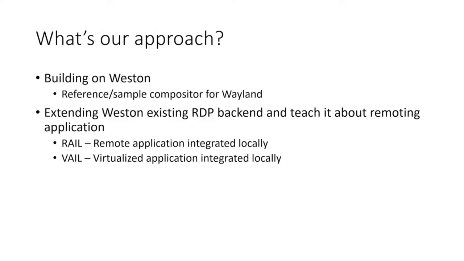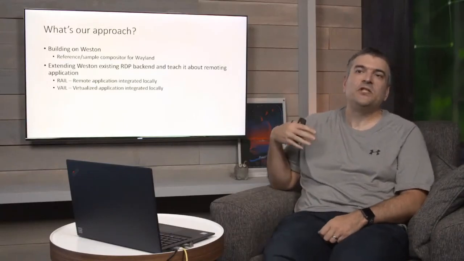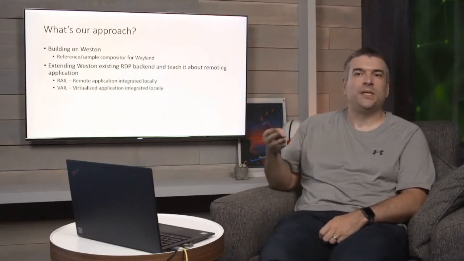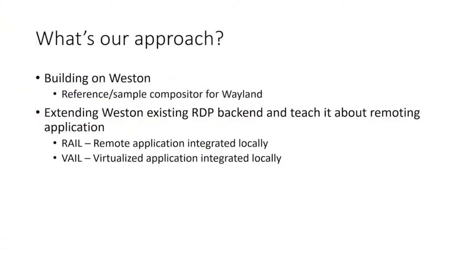The way to think about VAIL is that it's RAIL, but because we're inside of a virtual machine, we can play other tricks. We don't have to go over the network. We can share memory between the guest and the host. We can have a more efficient protocol to move bits between the client and the server. But outside of that, it's the same concept.